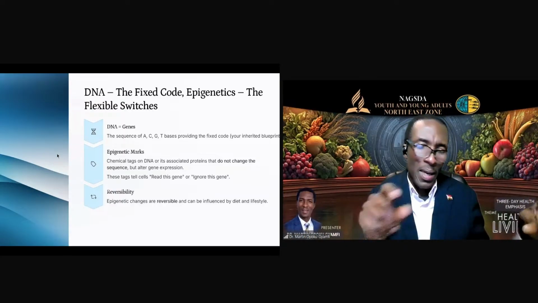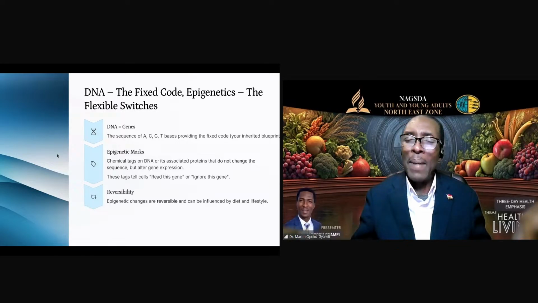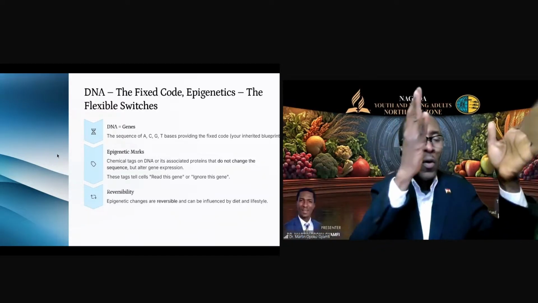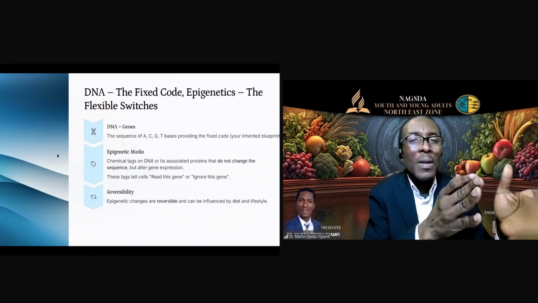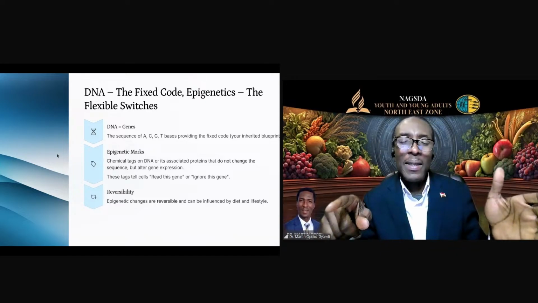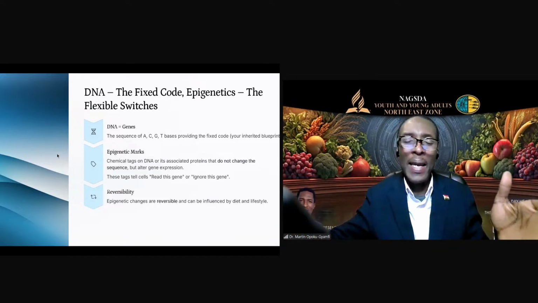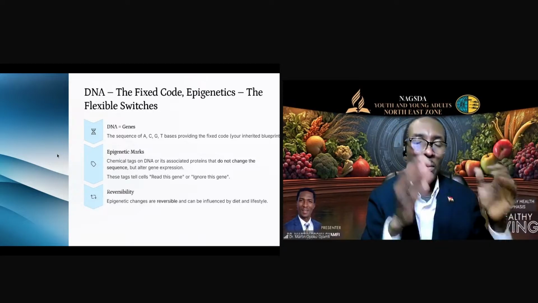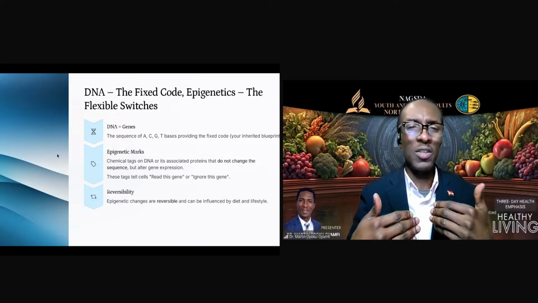Don't skip anything. Add the eggs, add the butter, add the margarine, add it all. It's the same recipe. But for the vegan, you skip the eggs and the butter and the margarine. For somebody who eats everything, you don't skip. That is how epigenetics works.